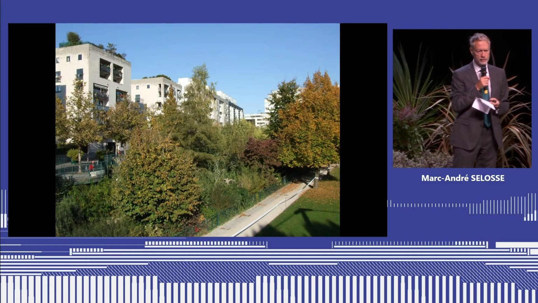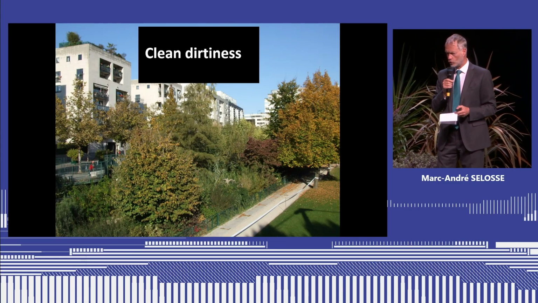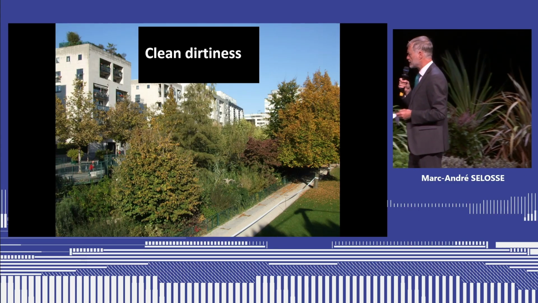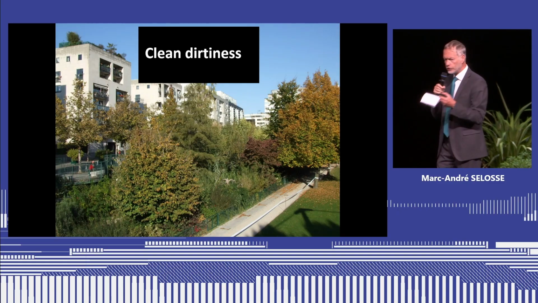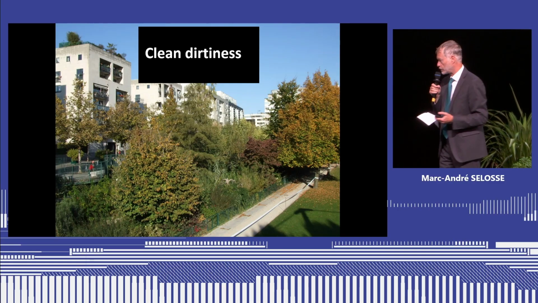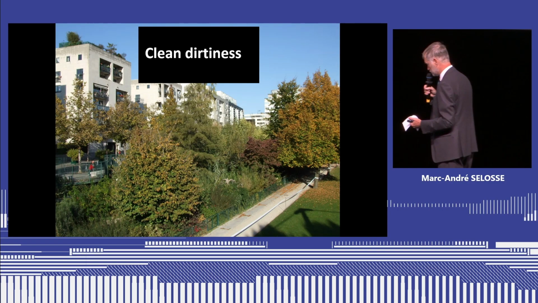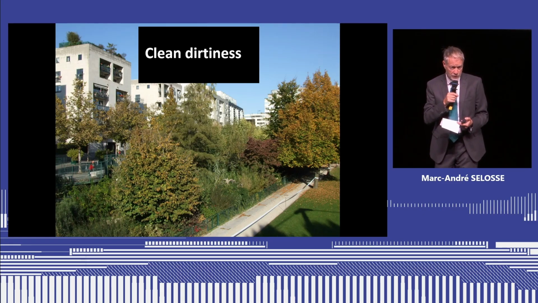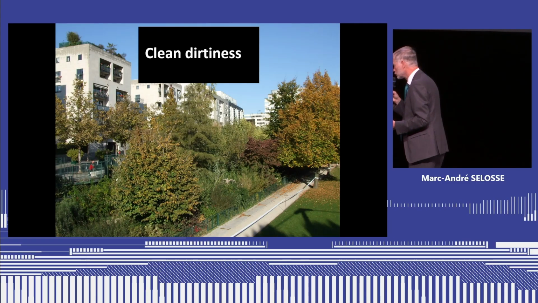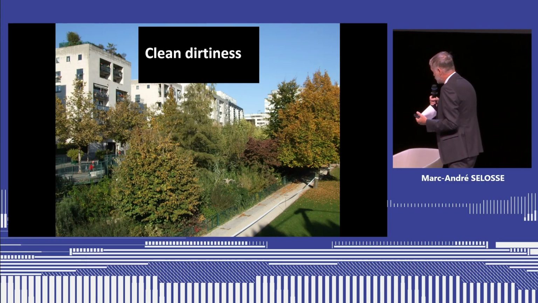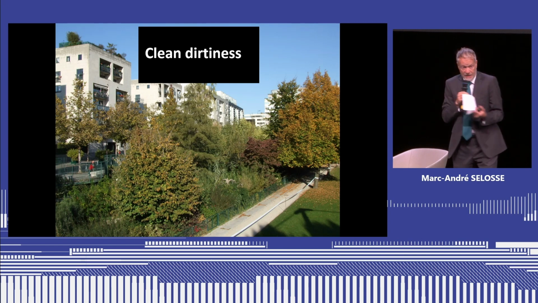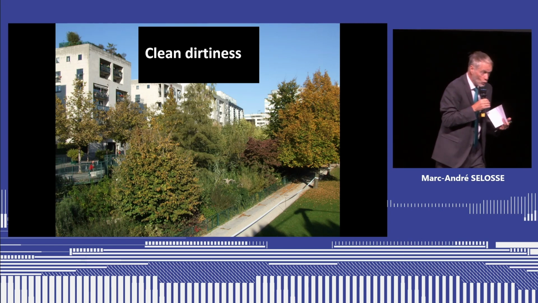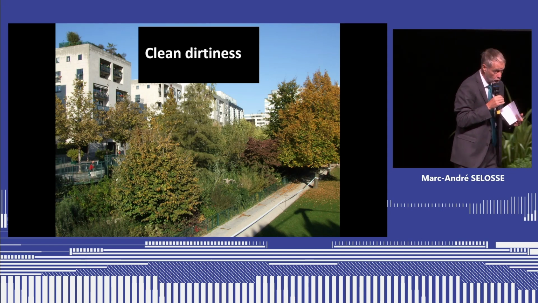My first point will be on what I call clean dirtiness. The first thing is that we understand now, due to the role of the microbiota in our bodies, that we cannot be sterile. But you are sterile at birth. So it means that if we don't want to be sterile, but start at birth without microbes, we have to be accessible to microbes.